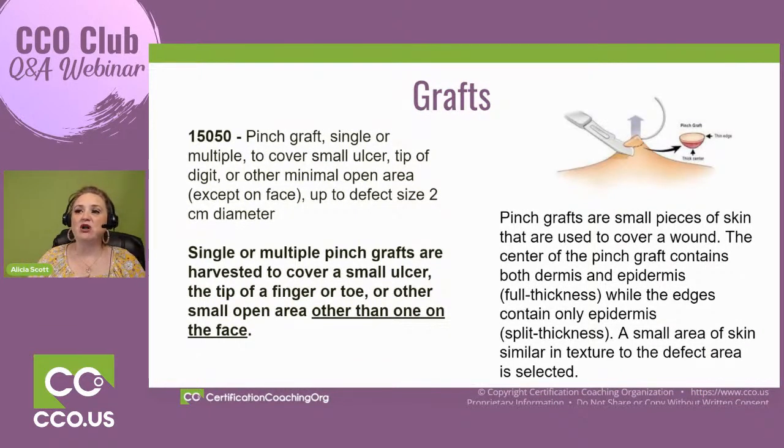So if the small area of skin is similar in texture to the defect area, that's what they'll use. If you've ever seen people that had grafts, they try to pick areas that are similar. You don't want a place on the top of your hand that has hair cells, or you'd have a hairy patch growing out of your arm or your hand, right?